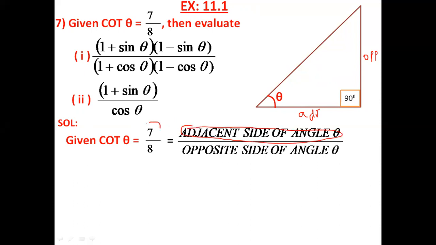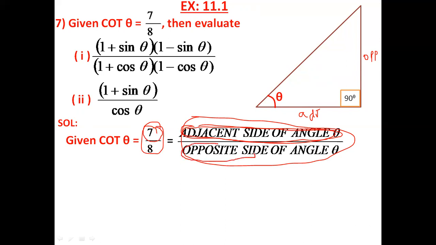If you compare this ratio with this ratio, the numerator is the adjacent side of angle theta, and here the numerator is 7. So the adjacent side is 7. The opposite side of angle theta is in the denominator, 8. So adjacent side equals 7, opposite side equals 8.